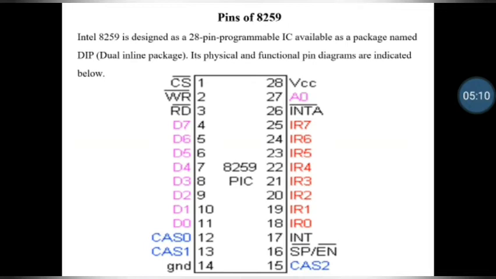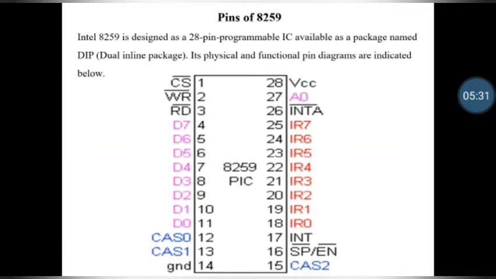There is only one master PIC present, and that master PIC has 8 slave PICs connected to it, so it can provide 64 interrupt lines.